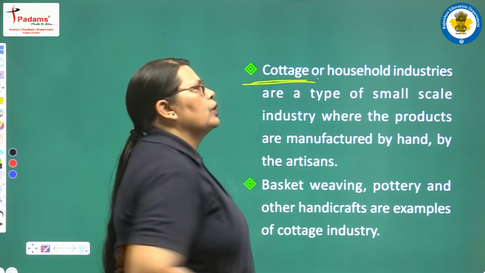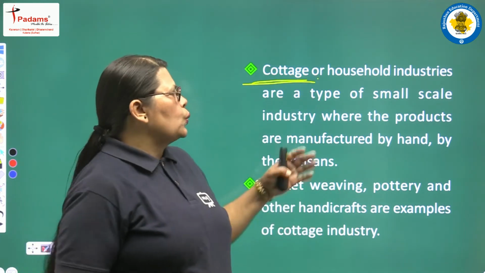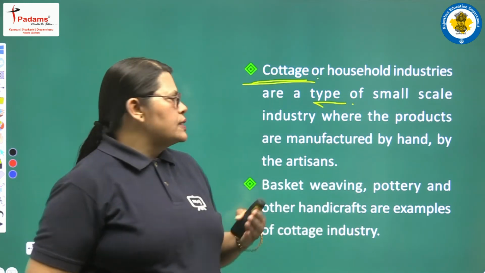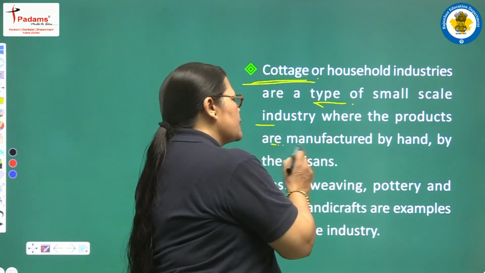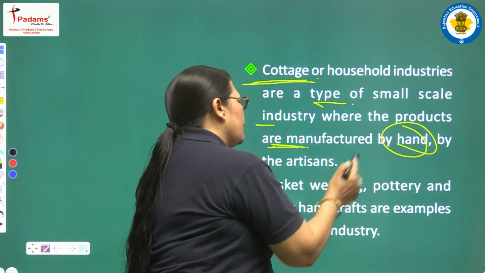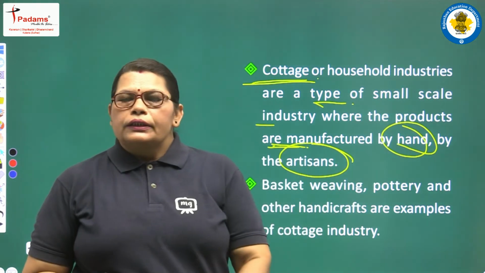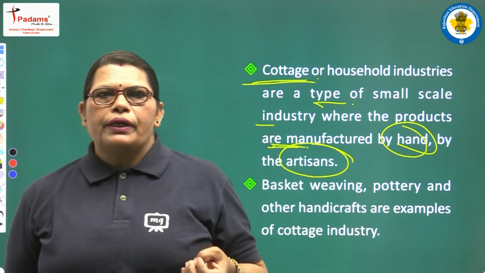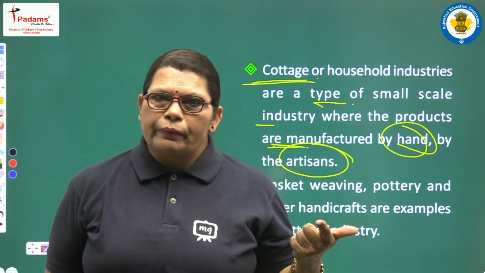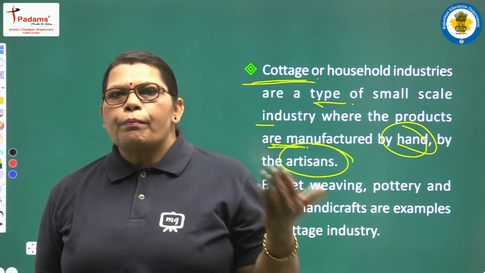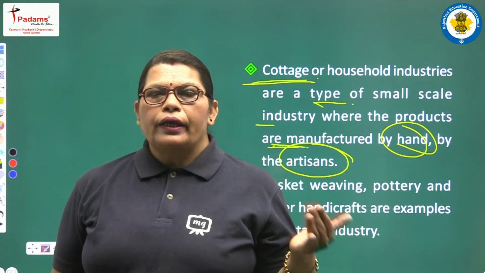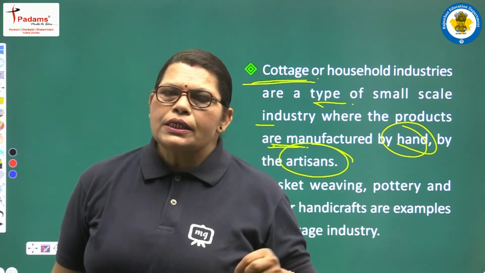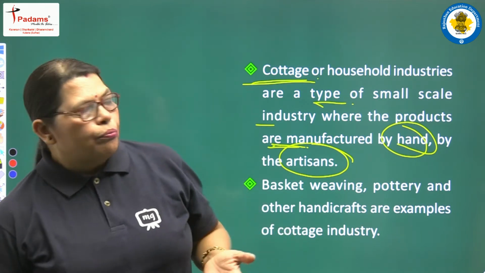When we are talking about the cottage or household industries, these are a type of small scale industries where the products are manufactured by hand by the artisans. जब हम बच्चों कहते हैं कि घर में ही हो रही है इंडस्ट्रीज, घर में ही आपने देखा रुई की बाती बनाई जाती है, आपने देखा पापड़ उद्योग है, बड़ी उद्योग है, या ऐसी कई चीज़ें हैं जो घरों में ही लिमिटेड पीपल्स के द्वारा ही बना के उसको बेचा जाता है.